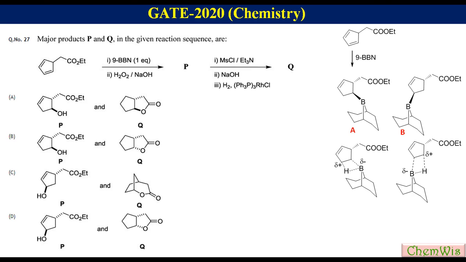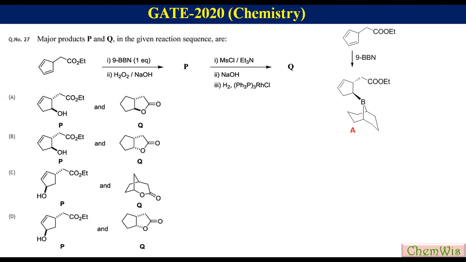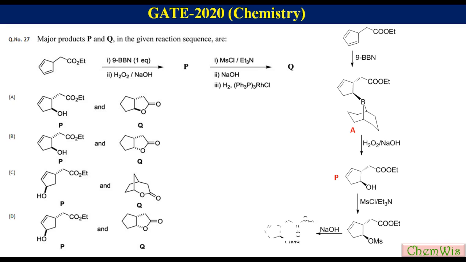The transition state for A is more stable than B due to allylic nature of the cation. So A is the major 1,2 product. Reaction of A with H2O2 in the presence of NaOH gives corresponding alcohol, which is structure P. Mesylation of alcohol gives corresponding mesylate derivative, which after hydrolysis gives corresponding carboxylate.